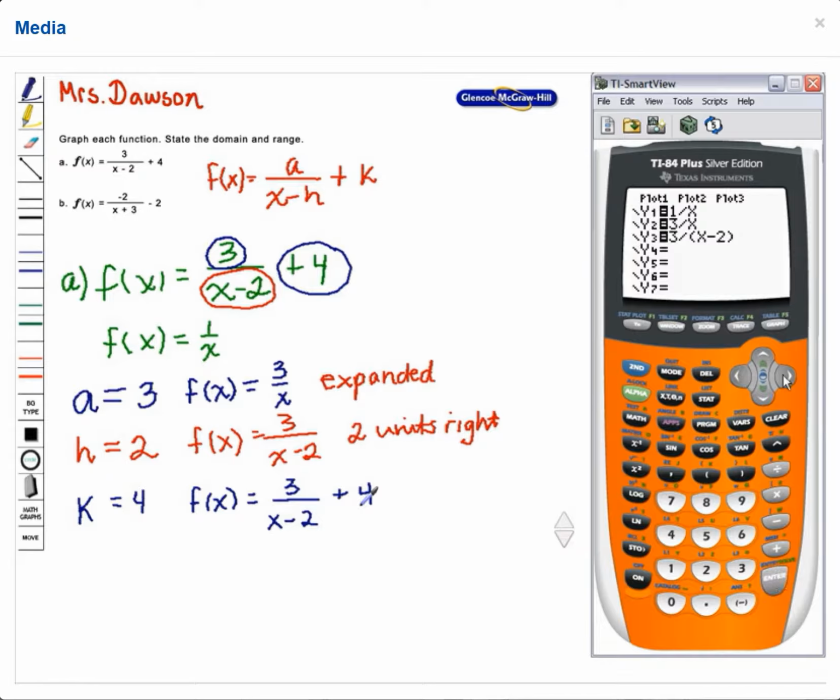And then enter the function given in part A as y4. That is 3 divided by the quantity of x minus 2 plus 4. And we want to make that bold.